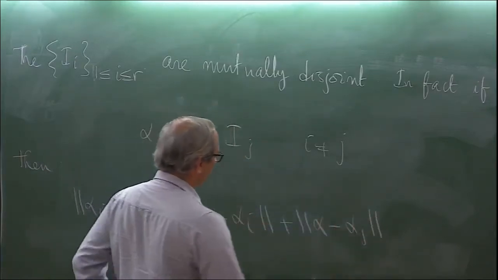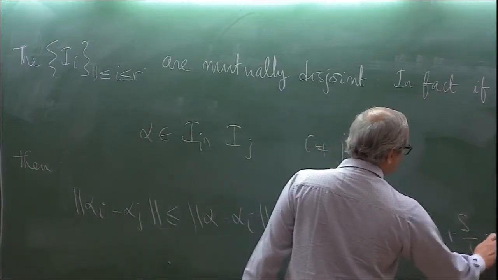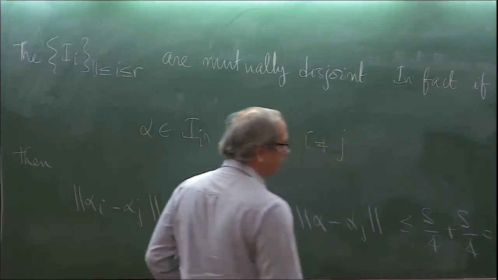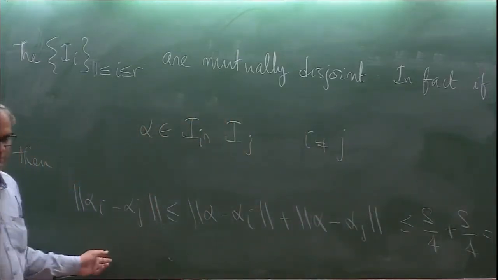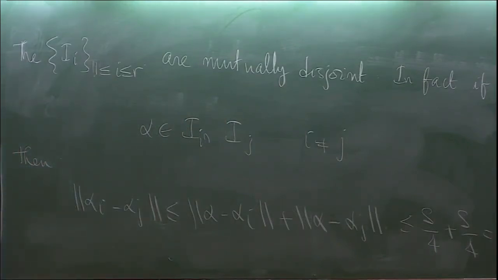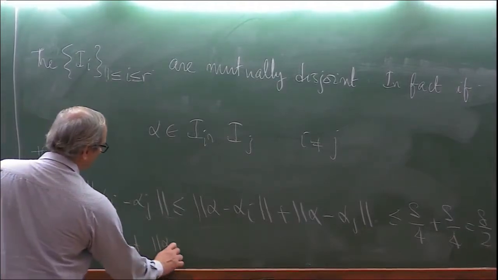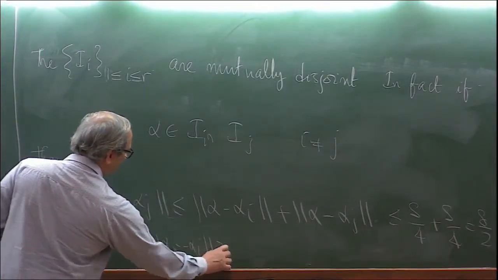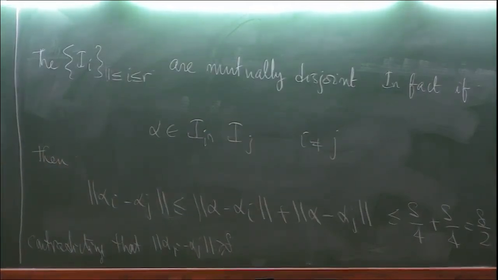These are less than delta by 4 each, so that's delta by 4 plus delta by 4, which is delta by 2. This contradicts the fact that alpha i, alpha j are delta-spaced, that alpha i minus alpha j is greater than or equal to delta. So you see that these I_i are mutually disjoint.